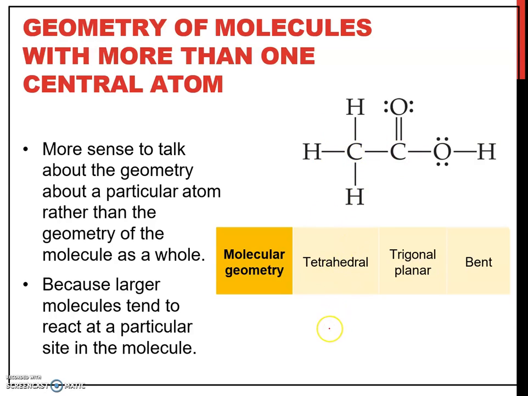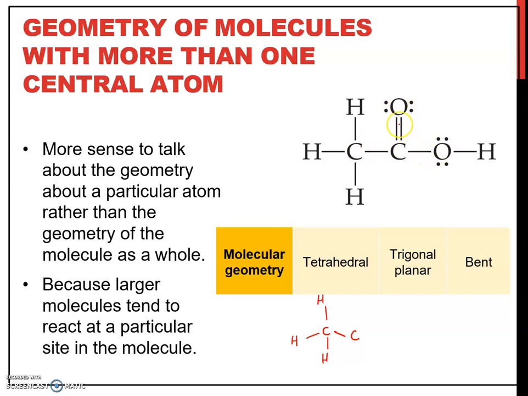In geometry form, it looks like that. Next, look at the next central atom, the carbon here. It is bonded to oxygen and carbon. So the bonding pairs are 1, 2, 3.